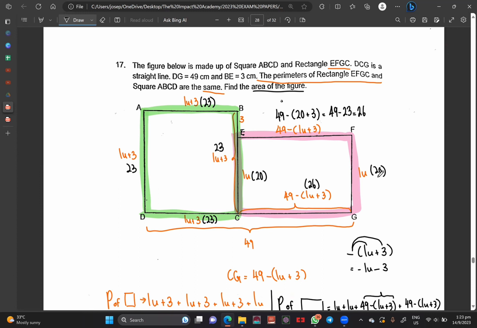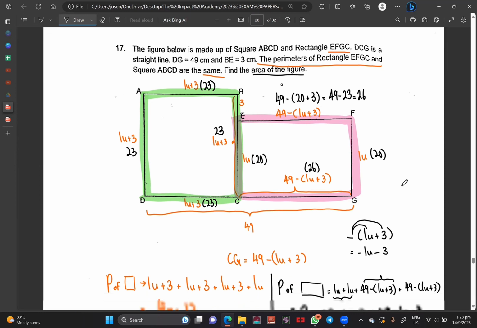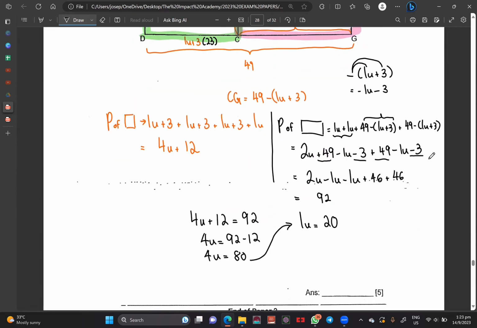With all of those measurements listed down, I can find the area of the figure. First things first, do it part by part. Find the area of the square first. Area of square will then be 23 times 23. When I do 23 times 23, we get an answer of 529.